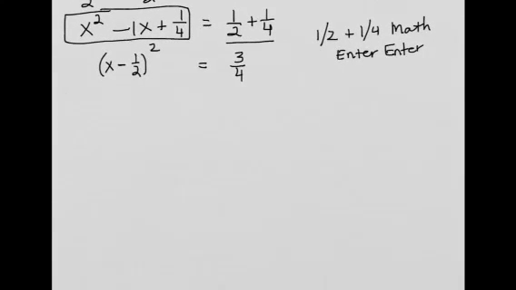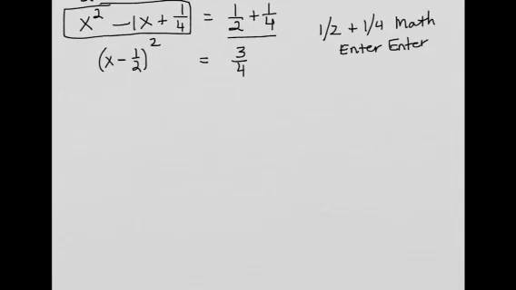So to continue solving this, I will take the square root of both sides of the equation. And when I do that, on the right-hand side, I'm going to put a plus or minus. So on the left-hand side, the square root and the square cancel out, and I have x minus 1/2.